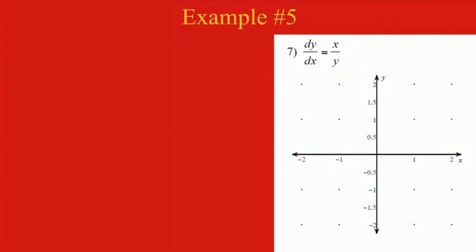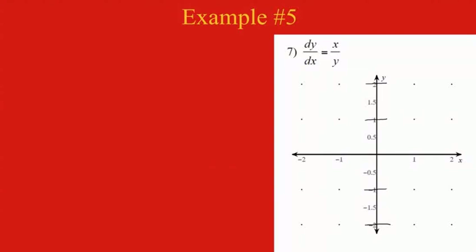And when x is 0, the numerator, we have nice horizontal lines. So we have horizontals here, here, and here. Again, nothing along the x-axis because at that point the slope is undefined. So now we're just going to fill in the rest of it, using the same methods as before.